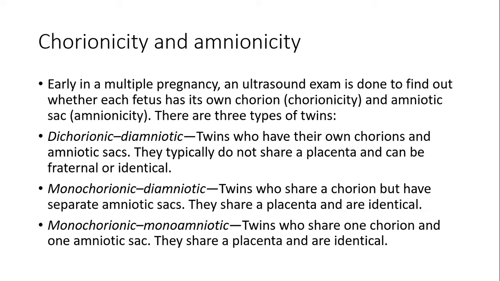There are three types of twins: dichorionic diamniotic, monochorionic diamniotic, and monochorionic monoamniotic, sometimes called mono-mono. You see the description of each of these variations. So again, dichorionic diamniotic, monochorionic diamniotic, and monochorionic monoamniotic.